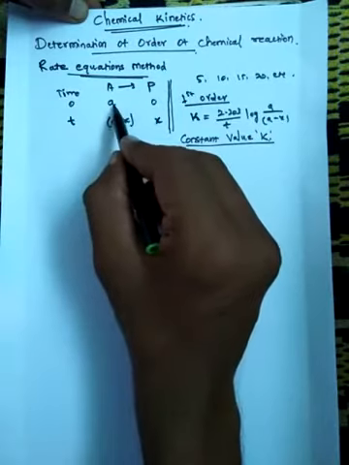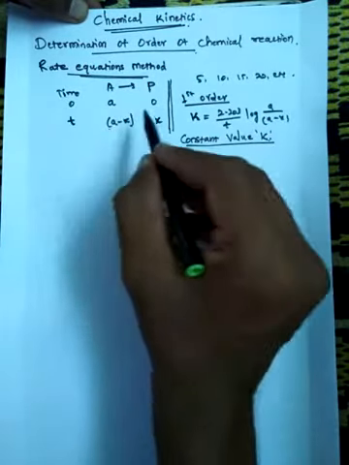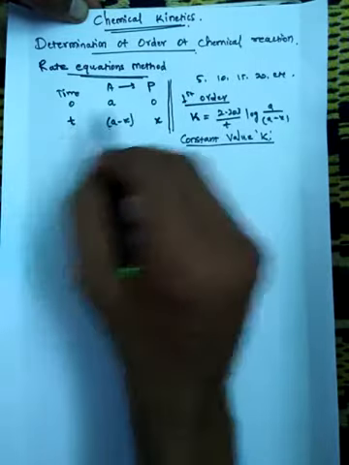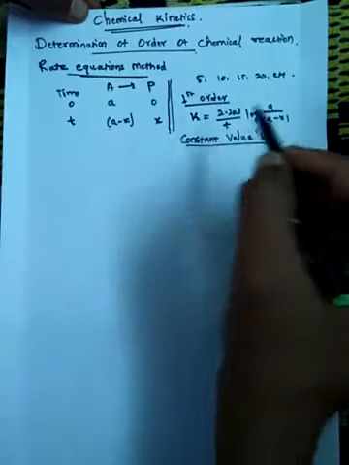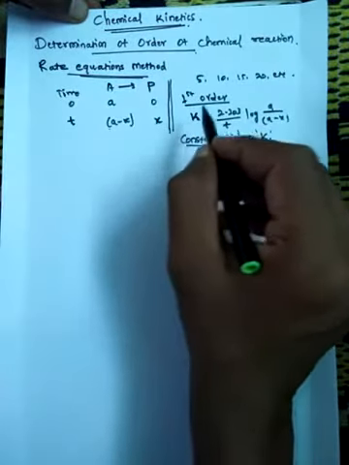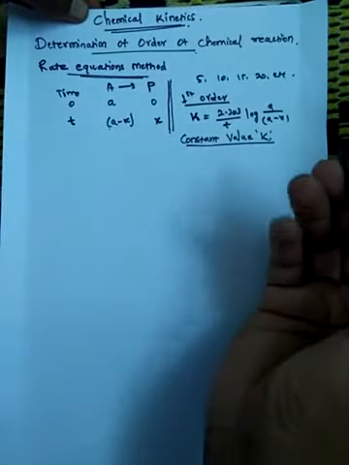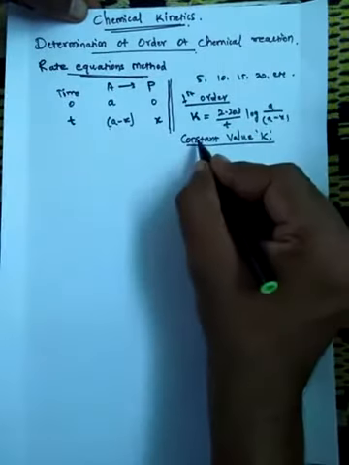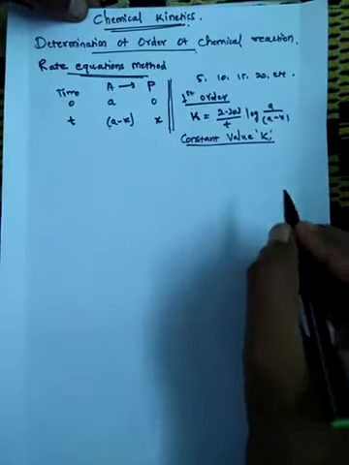If I don't get a constant value, then the reaction is not first order reaction, right?